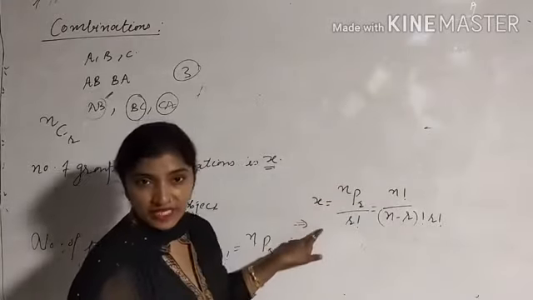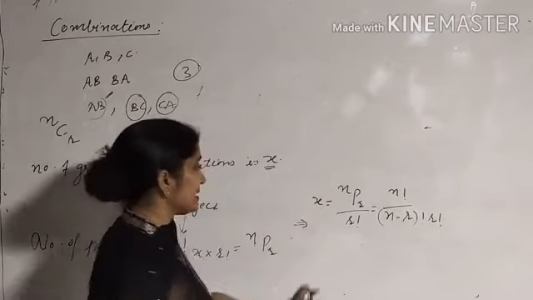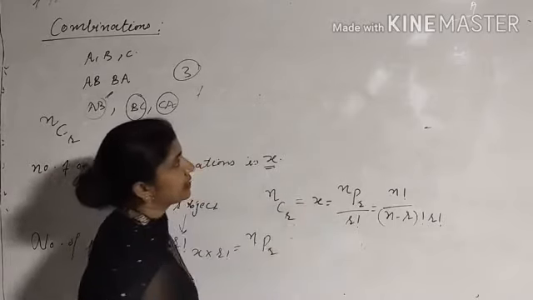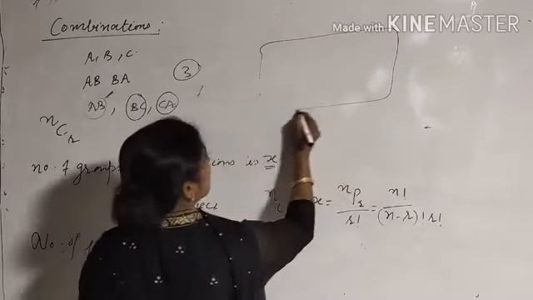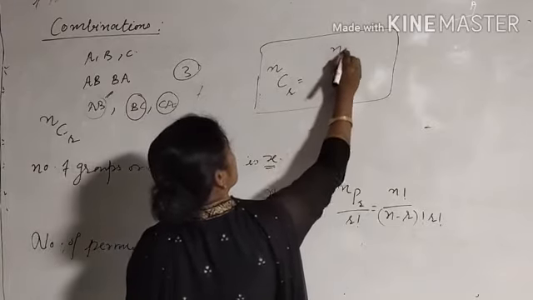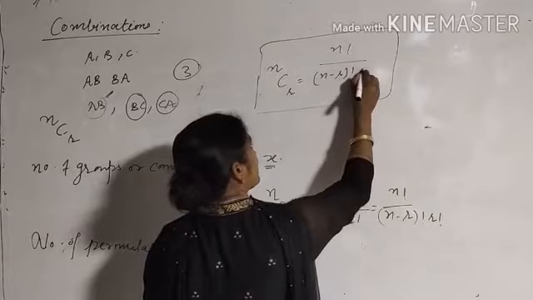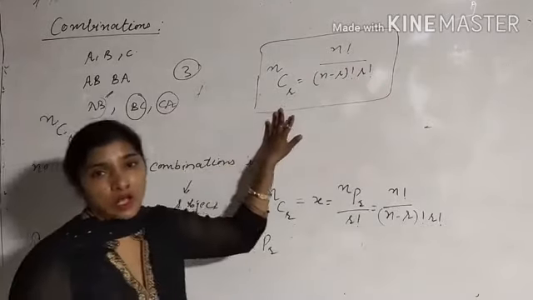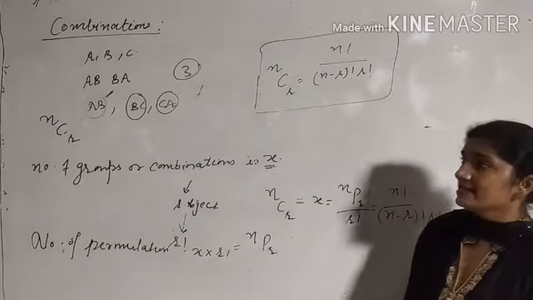The number of combinations or groups out of n things taking R at a time, which we denote by NCR. So NCR is N factorial divided by N minus R factorial into R factorial. This is the formula for the combination of n things taking R at a time.